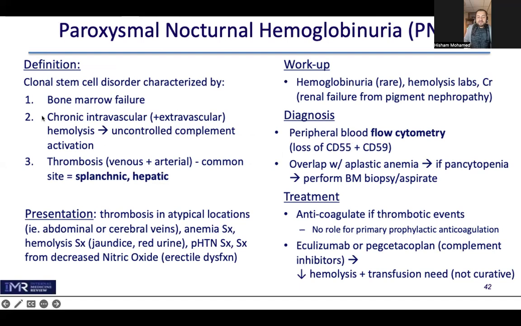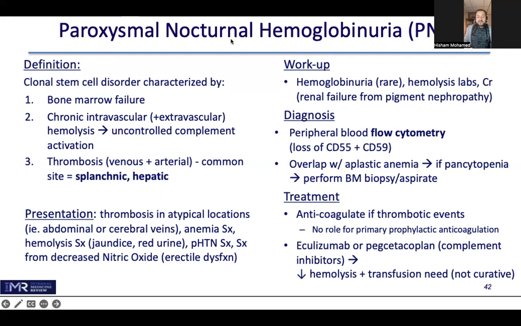There is mainly intravascular hemolysis and some extravascular hemolysis, and we have uncontrolled complement activation, plus thrombosis, venous or arterial. The common sites are splenic and hepatic. So we'll find thrombosis in a typical location, anemia, hemolysis, hemosiderin or red urine.